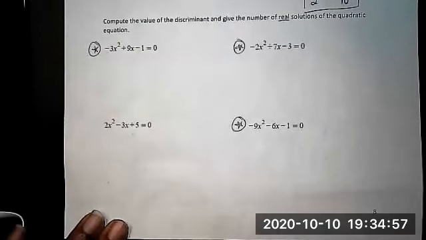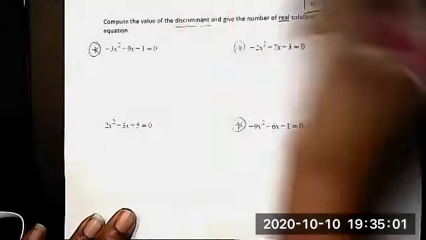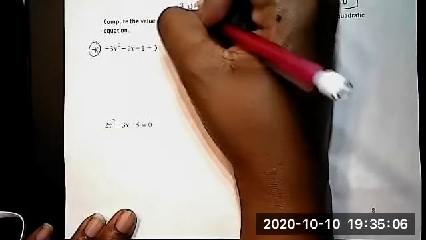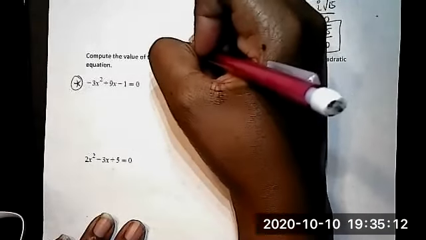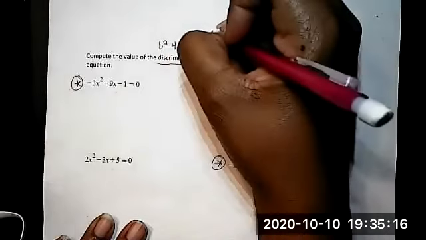We're in the last stretch. Finding the discriminant. To find the discriminant, basically you're just using b squared minus 4ac. B squared minus 4ac is the discriminant. If the answer is positive, you have two solutions.